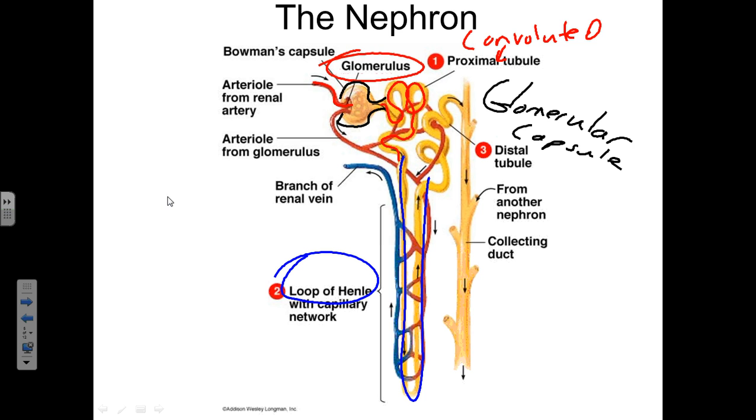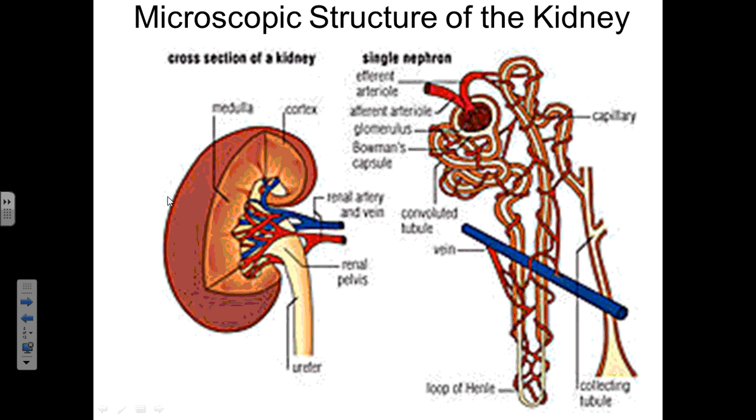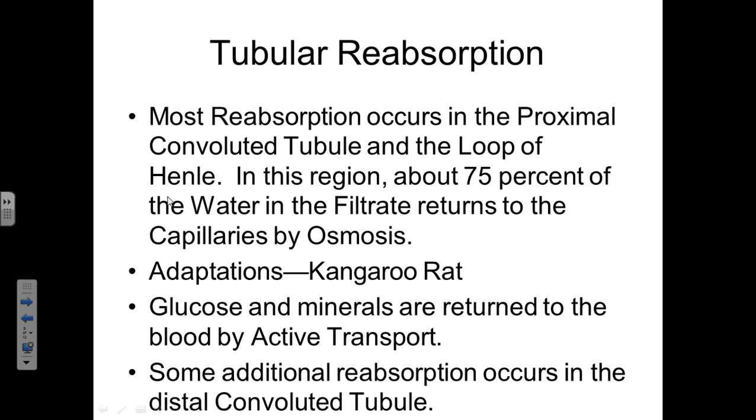Again, tubular reabsorption is when things that came out of the blood, like water, and they went into this tube, now are put back into the blood. Things we want to keep are taken out of the tube, put back into the bloodstream. So again, most of the reabsorption occurs in that proximal tubule, some of it in the loop of Henle.